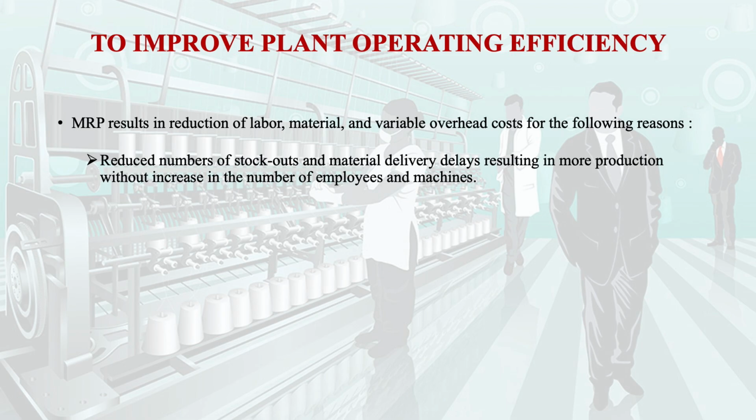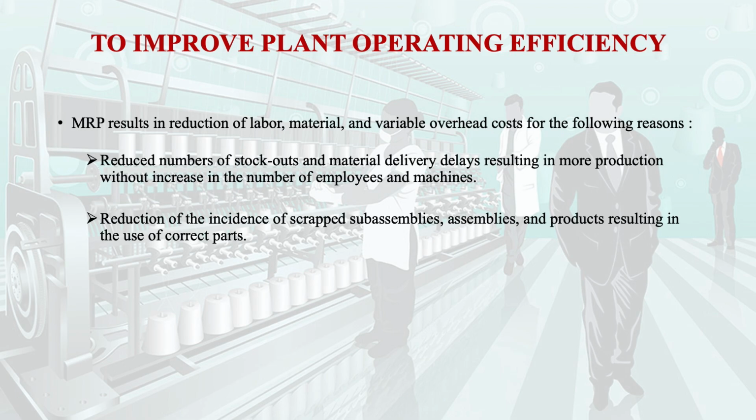Now, what will MRP do if we achieve these three objectives? They will reduce the number of stock outs and material delivery delays, and that will result in more production without an increase in the number of employees or machines.